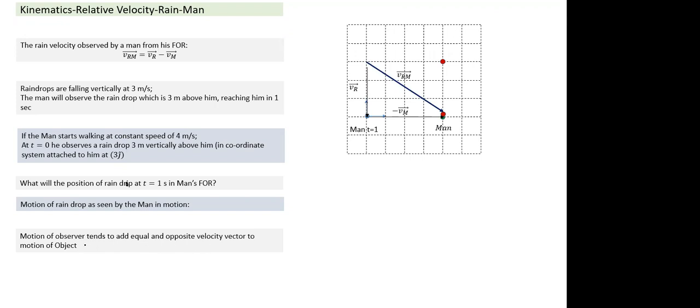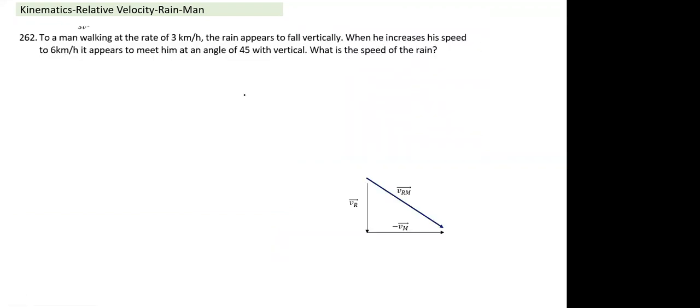If he moves towards the left, it is as if an equal velocity is added in the right direction to the original ground velocity. Thus, another way to interpret this equation: it adds another velocity, minus VM, to get VRM.